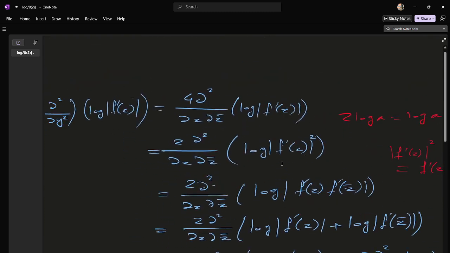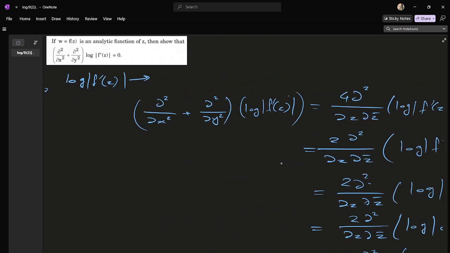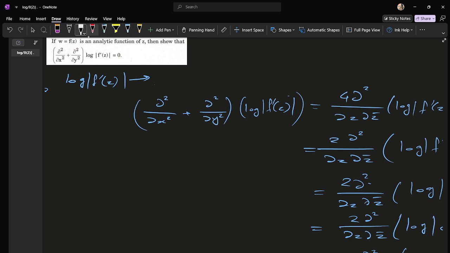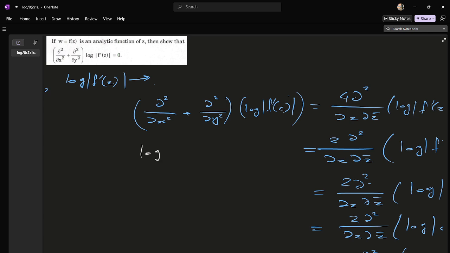Hence the log of mod f dash z is an analytic function as it satisfies the Laplacian equation.